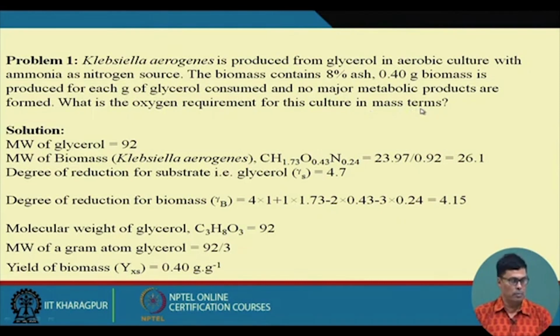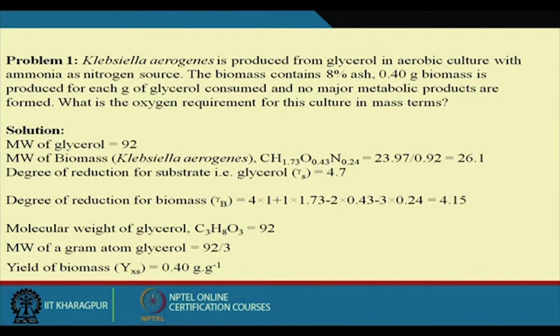Now this problem deals with single cell protein. Single cell protein is basically microbial protein, and it is produced in different ways. We can use carbohydrates for the production of cell mass. We can use hydrocarbons also for producing cell mass. We can use alcohols like methyl alcohol and ethyl alcohol.